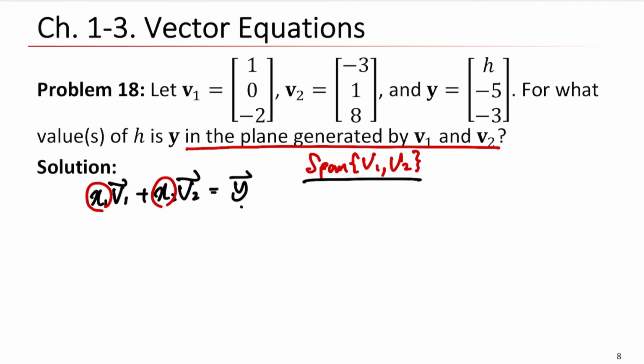Because this is the definition of the span, right? So in other words, this problem is equivalent to finding the solution, or analyzing the existence of a solution of this equation.